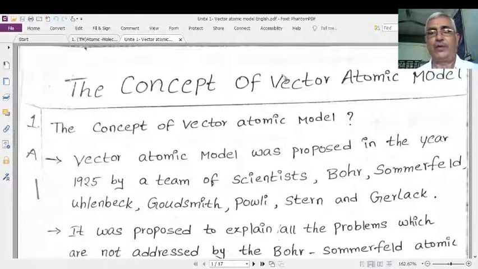Later, Rutherford proposed another atomic model, which is known as the planetary atomic model. According to this model, every electron revolves around the nucleus like the planets revolve around the sun.